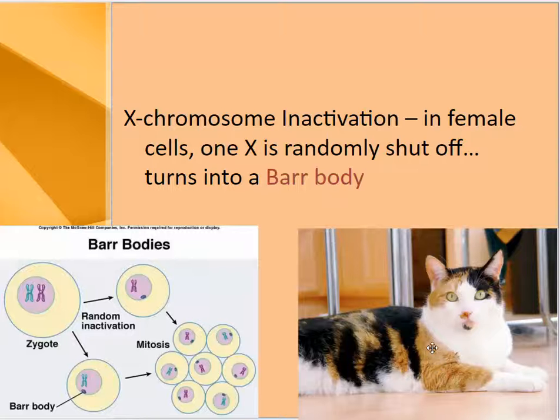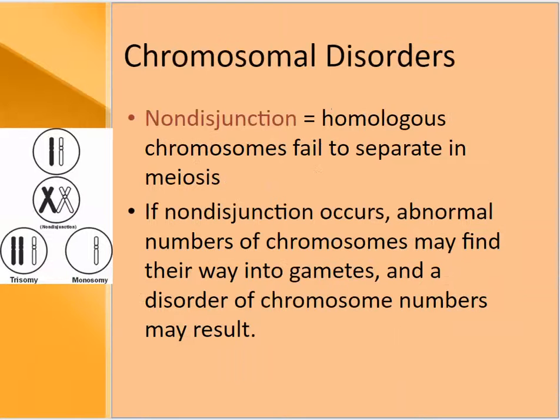She has orange blocks and black blocks of fur, and that's caused by this chromosome inactivation. When one chromosome is turned off, it becomes this Barr body, which you can see as this little blue dot on the side of all the cells. That's the Barr body.